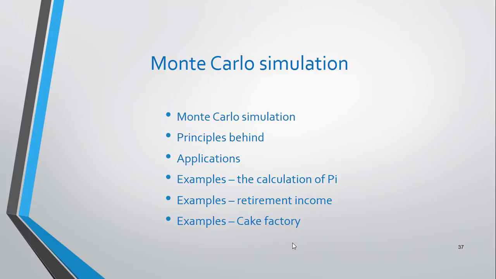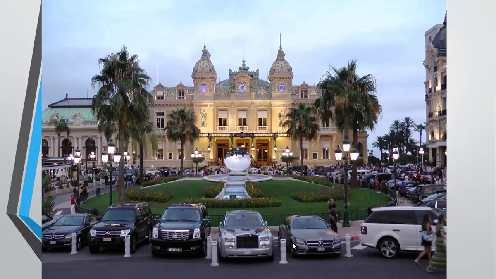Next topic is Monte Carlo simulation. You probably heard about this from the press or from other sources. So what is Monte Carlo simulation, and how can we use it in business applications? We will talk about the principles behind it, and we will talk about 3 examples to give you an idea of its application.